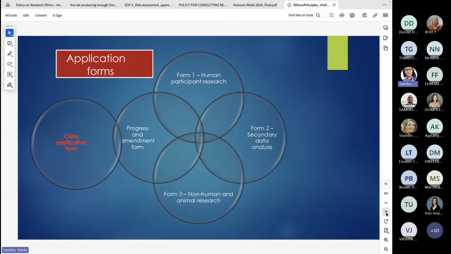Okay, just to briefly take you through the different application forms, just to make you aware. Firstly, we've got form 1, the human participant research form. That is the form that one completes when they are doing research that involves human participants. We've got form 2 that deals with secondary data analysis research. We've got form 3, which is the non-human and non-animal research form.